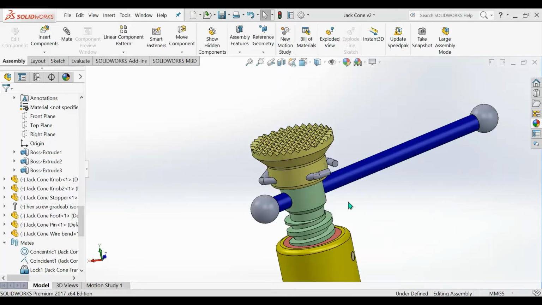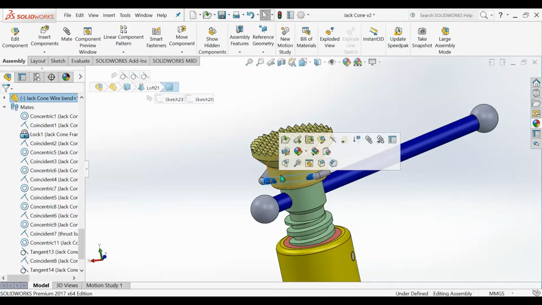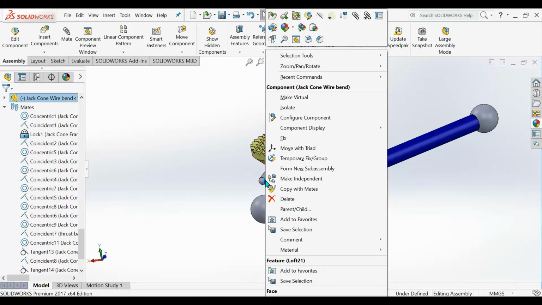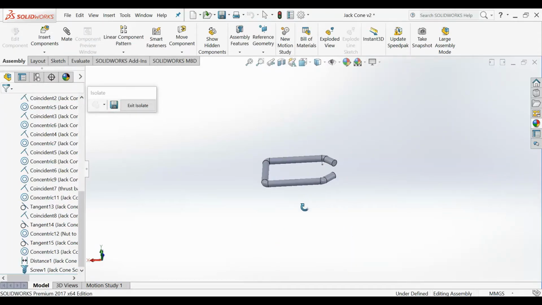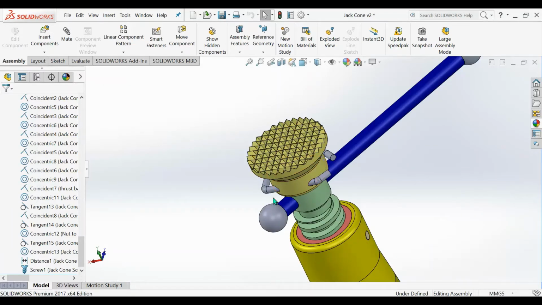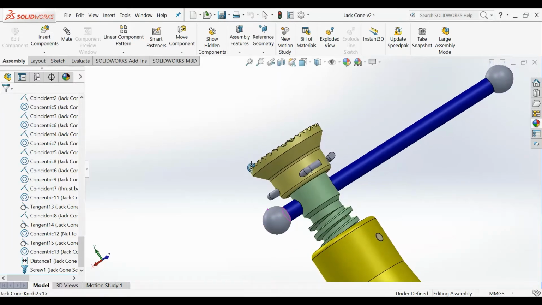Next element you see here is a stopper. It's a wire which has a specific form to avoid disassembly of the cap during operation.